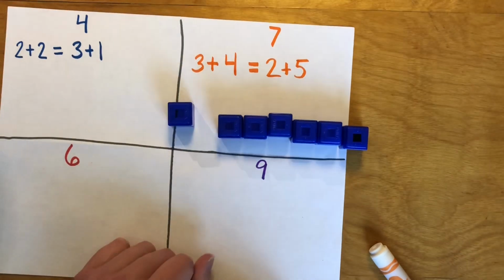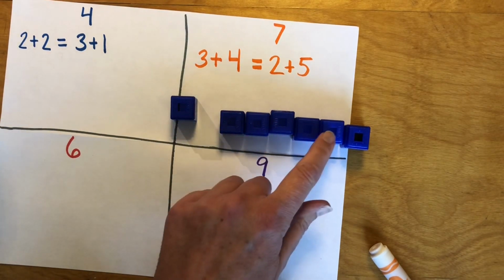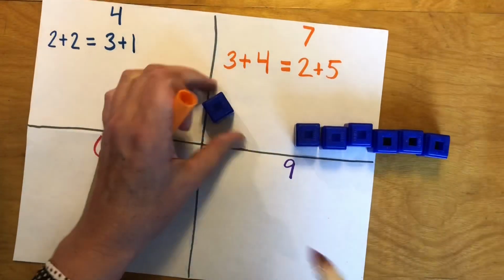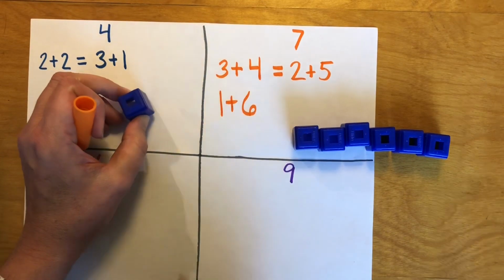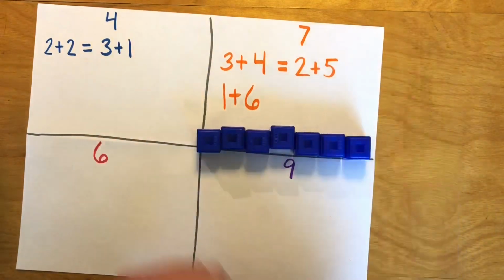I could do it like this too. I could say 1 and 1, 2, 3, 4, 5, 6. Let's write that underneath. 1 and 6 is another way to make 7.